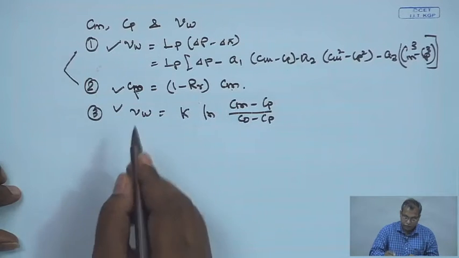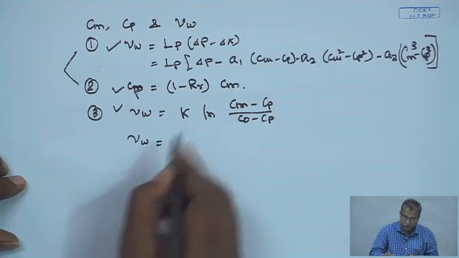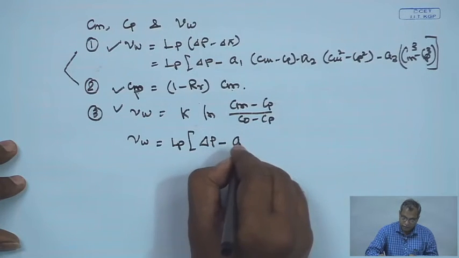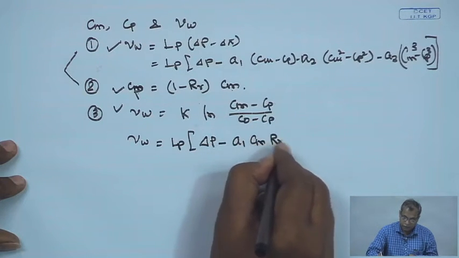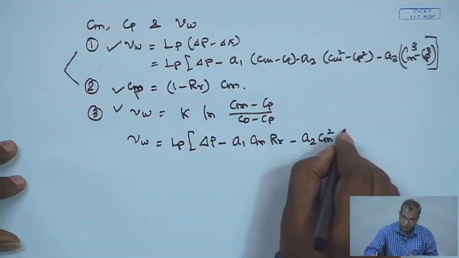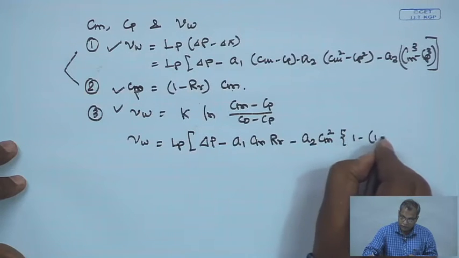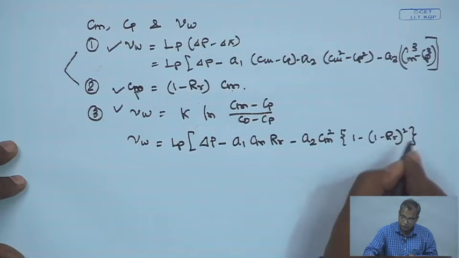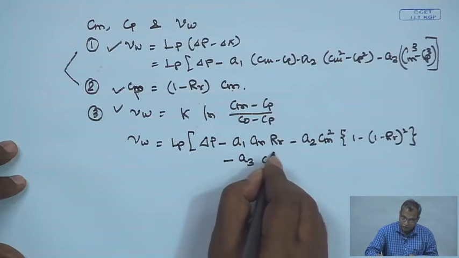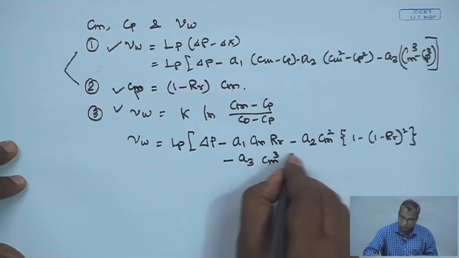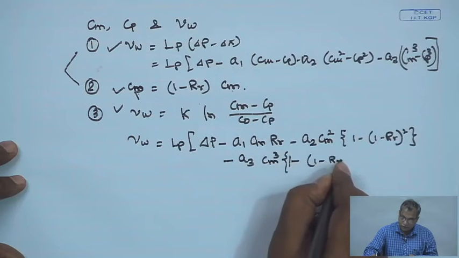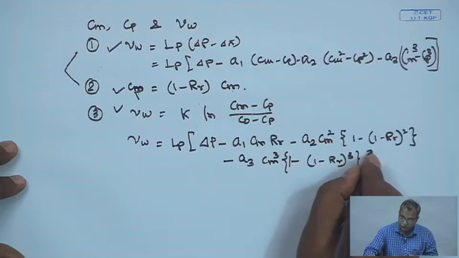If we combine these two, we will get Vw is equal to Lp times [delta P minus A1 Cm Rr minus A2 Cm square (1 minus Rr) square minus A3 Cm cube (1 minus Rr) whole cube].